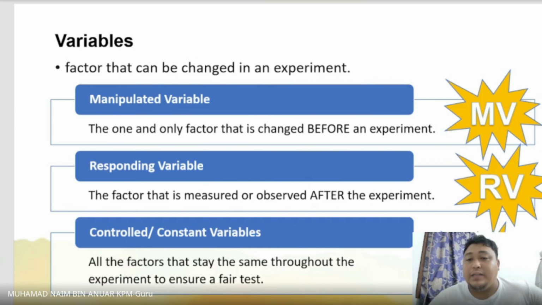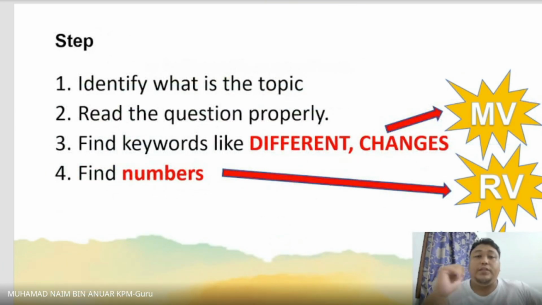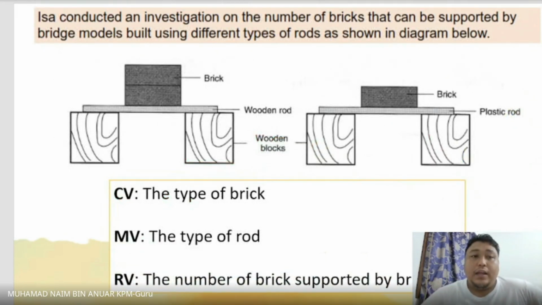Okay. Now let's see an example for you to understand better. Let's say you have this question in your upcoming exam. What are the steps? First step, number one, you must identify what the topic is. Let's say this question: Lisa conducted an investigation on the number of bricks that can be supported by a bridge model using different types of rod, as shown in the diagram below.